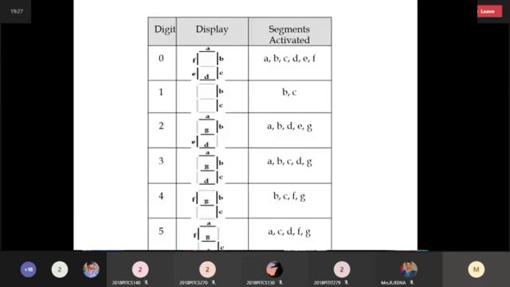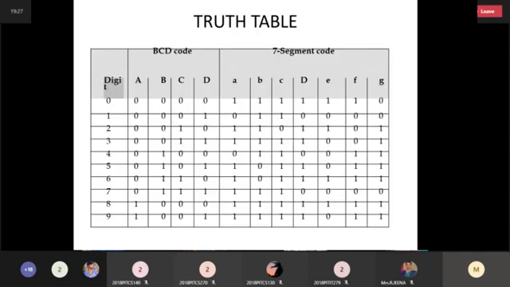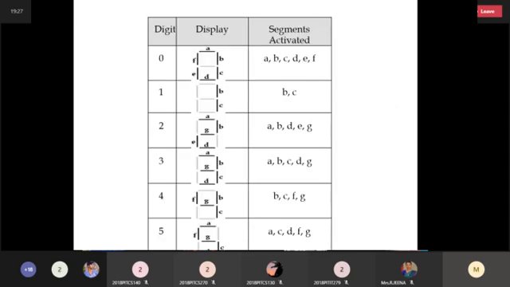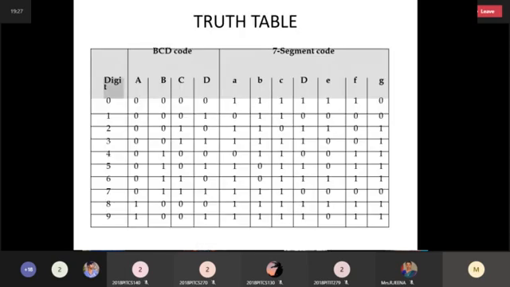Next, 2 means A, B, D, E and G. So A, B, D, E, G only 1, other variables 0. Next, 3. 3 means A, B, C, D and G only 1, other variables are 0.